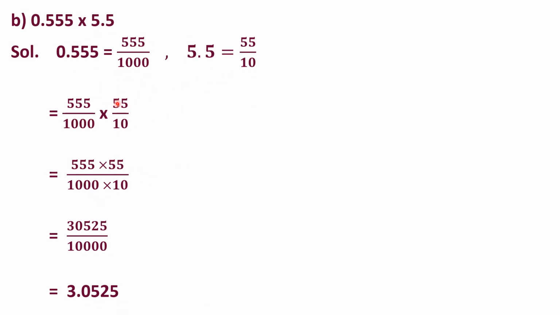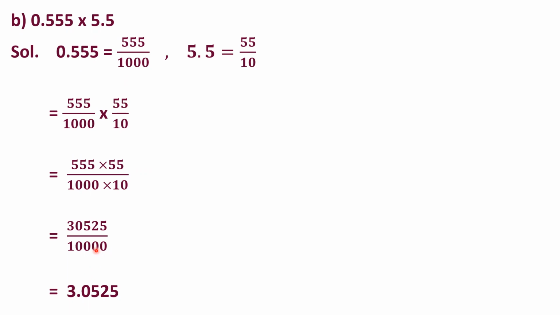Numerators we will multiply together and denominators we will multiply together. So we are getting 555 into 55 divided by 1000 into 10. So we are getting the answer as 30,525 by 10,000.